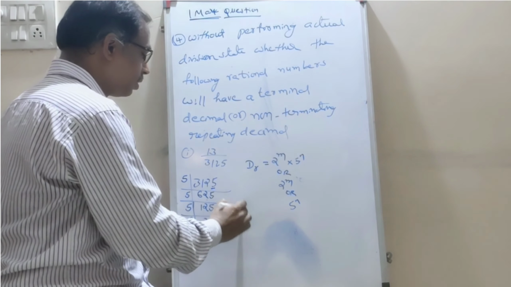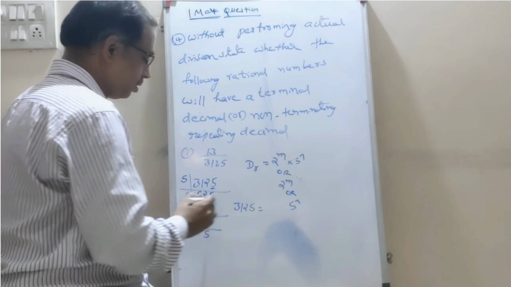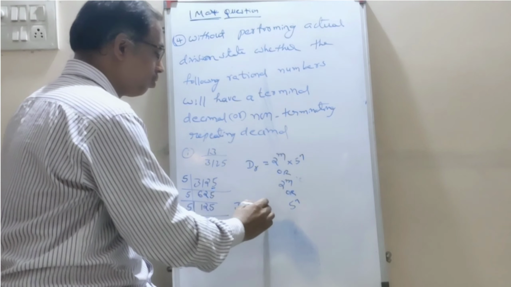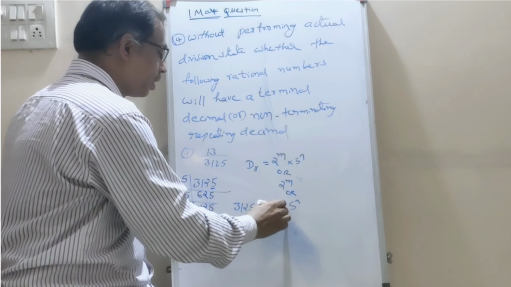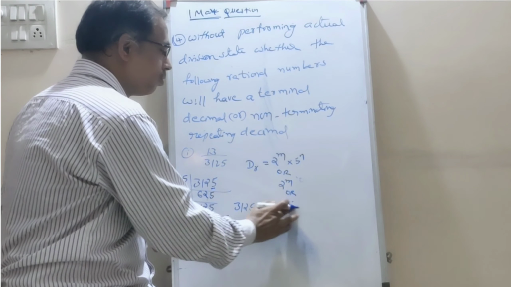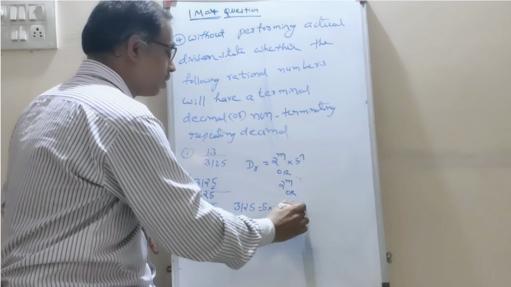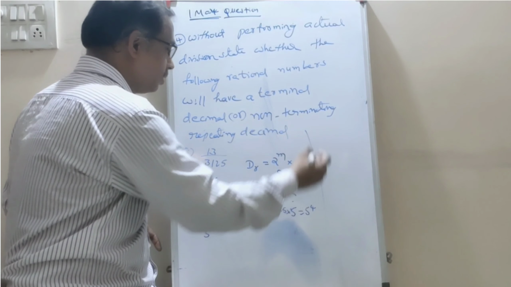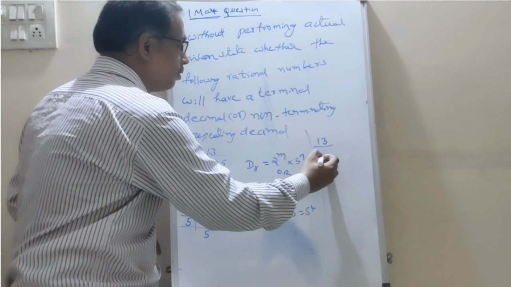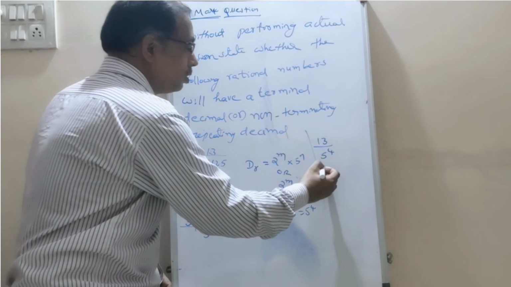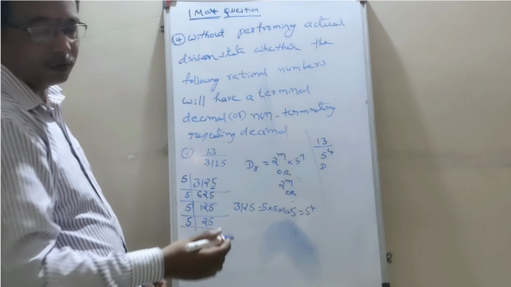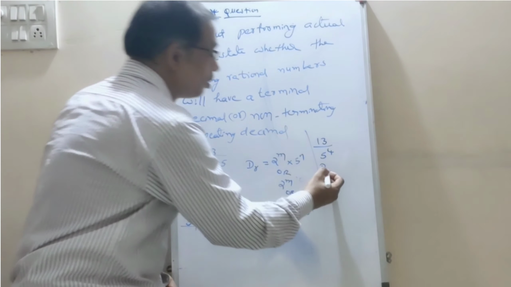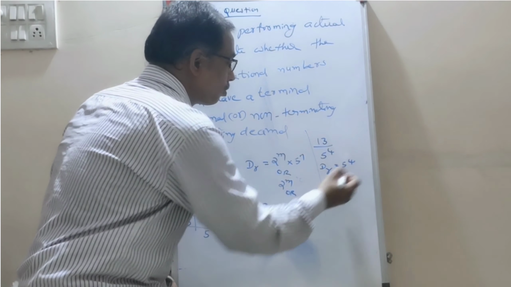And we can write 3125 as 5s, 4 5s, that is 5 to the power of 4. And hence 13 by 5 to the power of 4. Therefore the denominator is in the form of 5 to the power of 4.